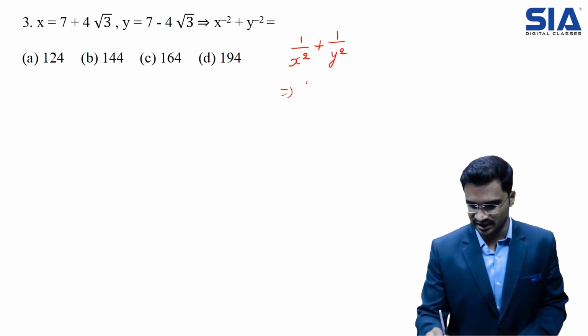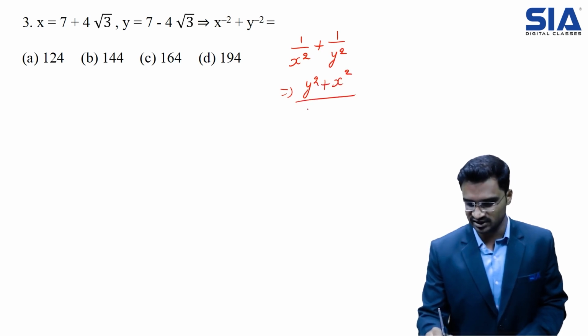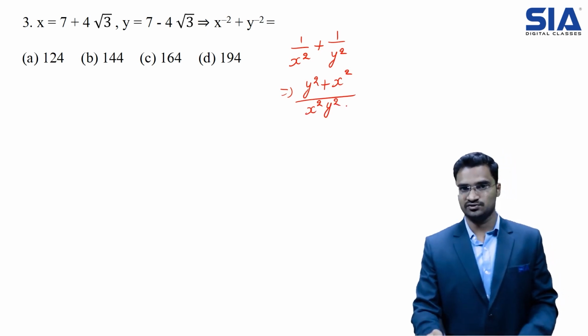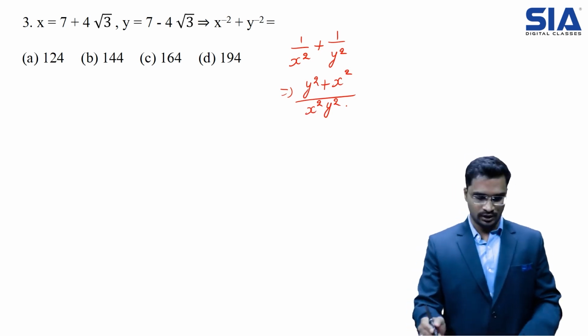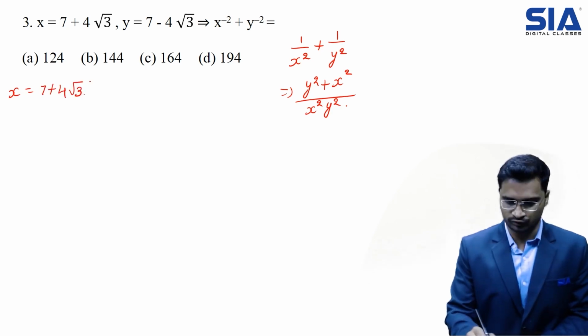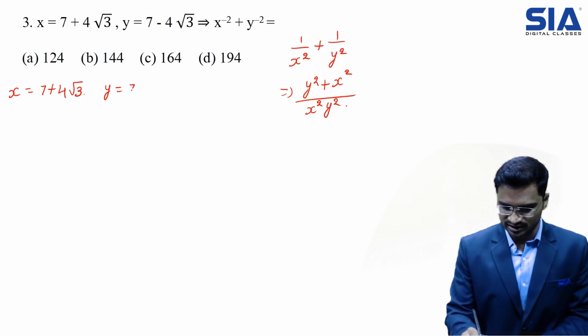What he is asking here is y square plus x square, simplifying this, over x square y square. So I want a value of x square plus y square and xy whole square, or x square into y square. Now let us see, x is 7 plus 4 root 3 and y is 7 minus 4 root 3.